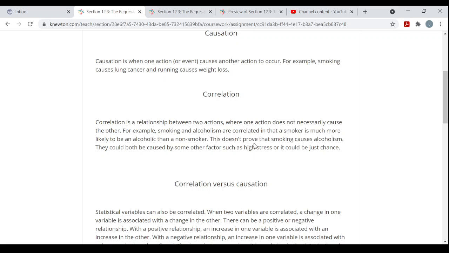Now, this doesn't prove that smoking causes alcoholism. We're just saying they're related, not that one causes the other to happen. They could both be caused by some other factor, such as high stress, or it could just be chance.